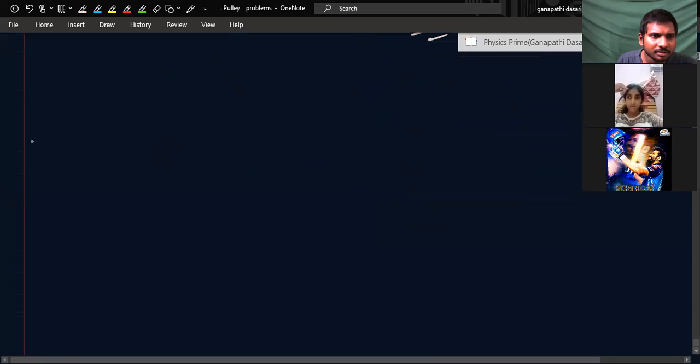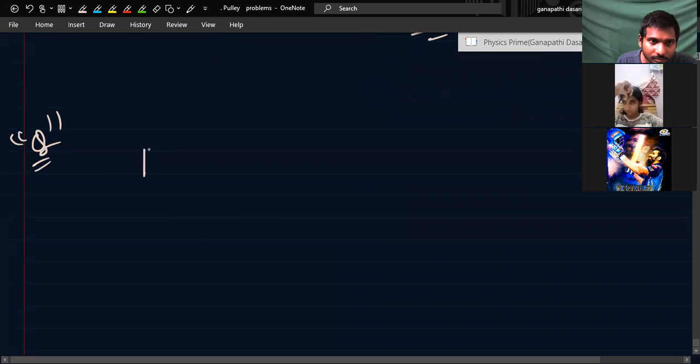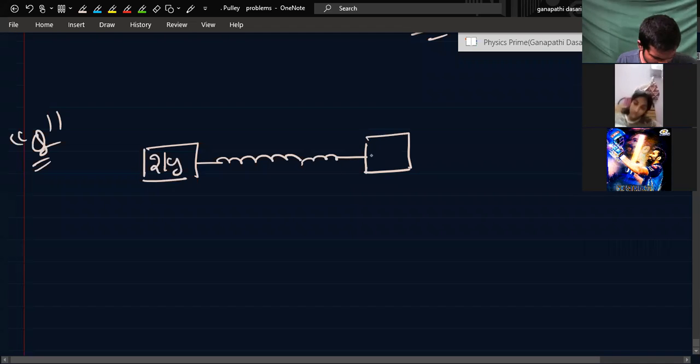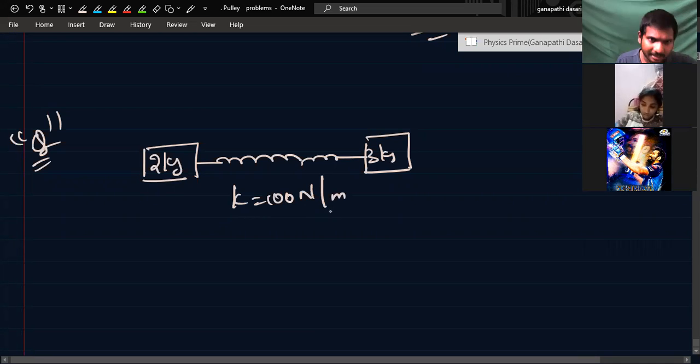Then will you solve a question? There is a 2 kg block. There is a 3 kg block. The spring constant is 100 Newton per meter.